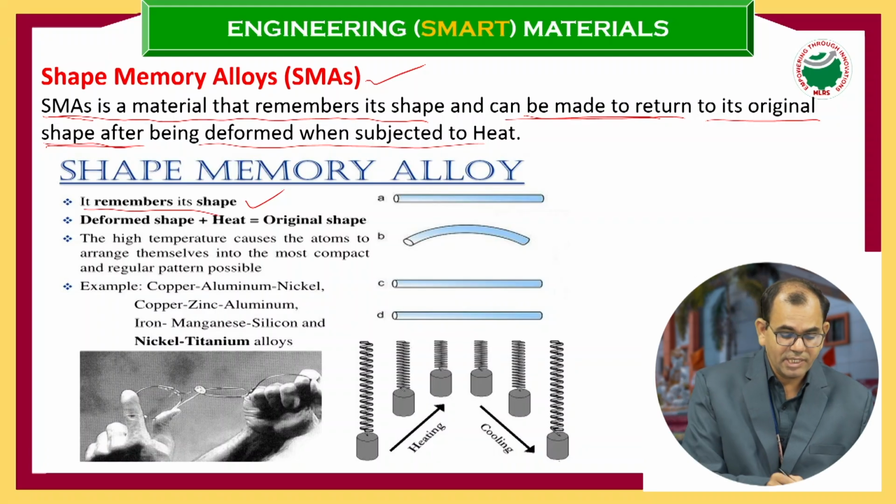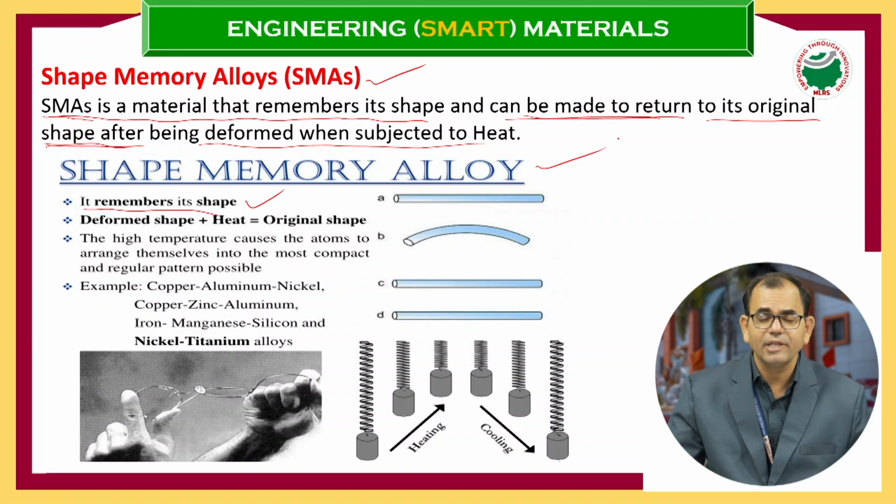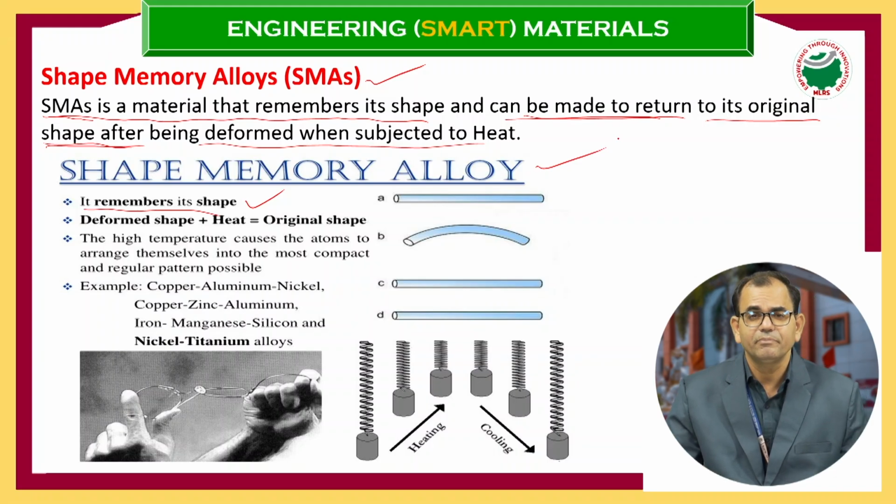That is why shape memory alloys. An alloy is nothing but a mixture of metals. For example, for bikes we use alloy wheels, which are rust free and have more strength than normal tires. So an alloy is a mixture of elements or metals.